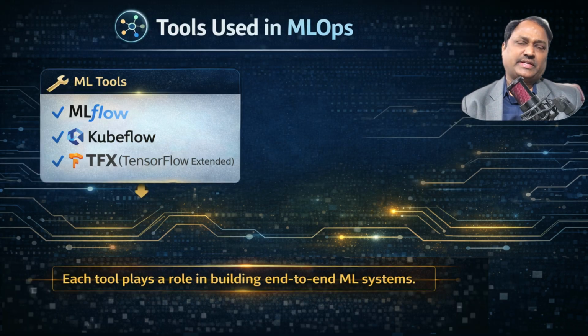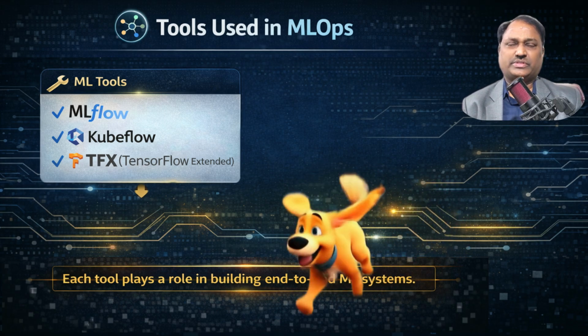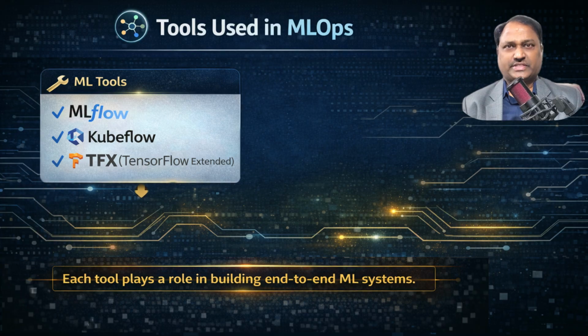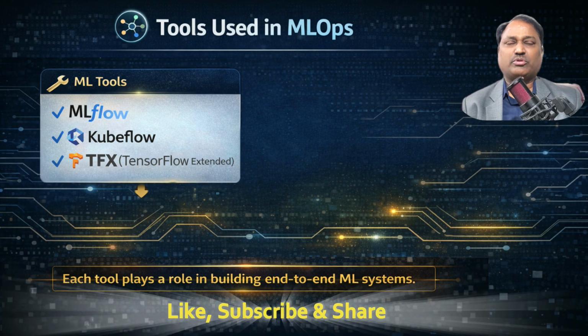Tools in MLOps, let's see popular tools. ML tools, machine learning tools, MLflow, an open source platform to track experiments, manage models, and streamline ML workflows. Kubeflow, a Kubernetes-based platform to build, deploy, and manage scalable ML pipelines. TensorFlow Extended, TFX, a production-ready framework for building and deploying end-to-end machine learning pipelines.